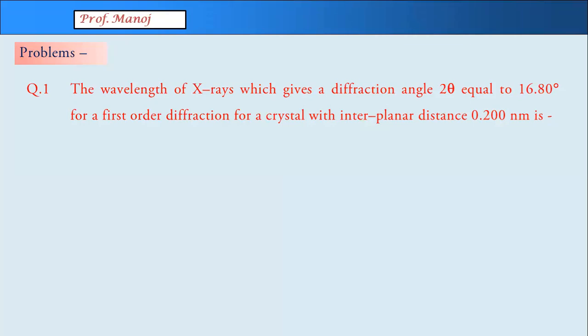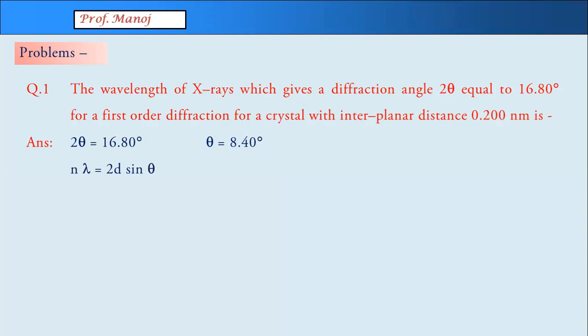Wavelength of X-rays which gives a diffraction of 2 theta angle at 16.80 degree. First order diffraction with interplanar distance is 0.200 nanometer is how much? So let us see. उन्होंने 2 theta दिया है अपने को 16.80. So theta will be half of it. So n lambda equal to 2d sin theta. अभी हम लोग को क्या क्या चाहिए?